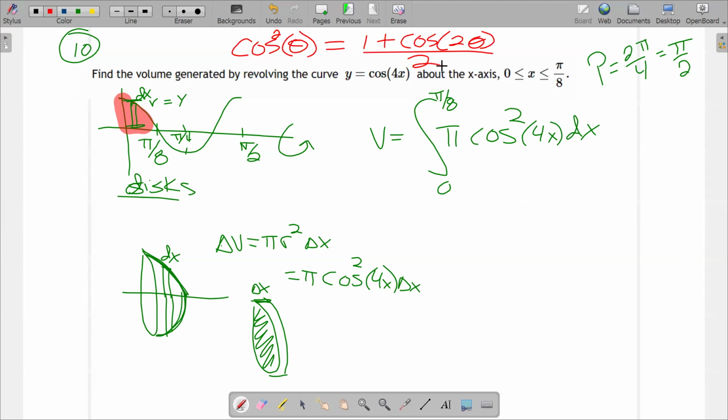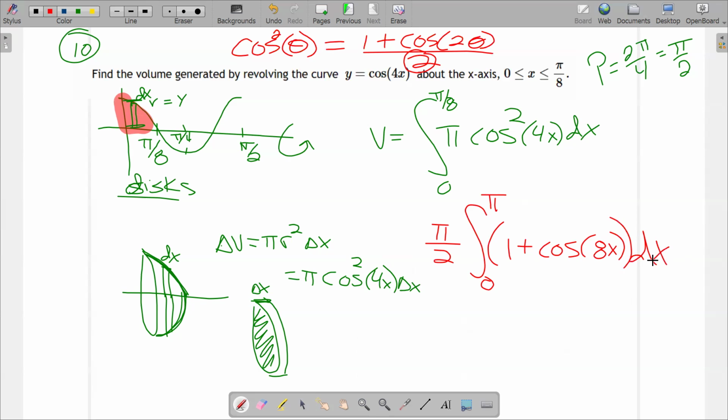So my theta is a 4x here. So I'm going to pull my pi out, and then I have a 1/2 I can pull out also. So then I'm integrating from 0 to pi over 8, 1 plus the cosine of 2 times 4x, or 8x, dx. This isn't really a u-substitution or integration by parts.